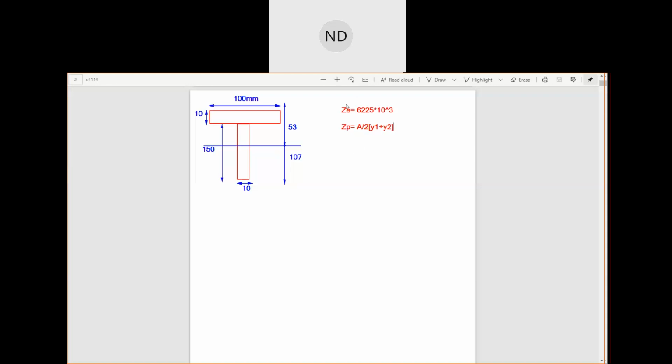So we have to find ZP by ZE. To find ZP, you now have to know your area, which we had already calculated from this figure.